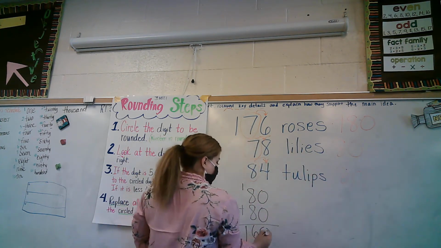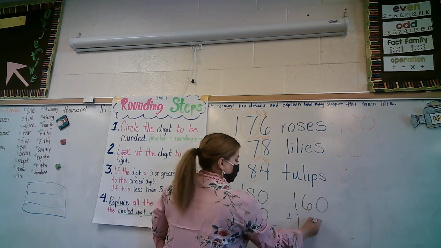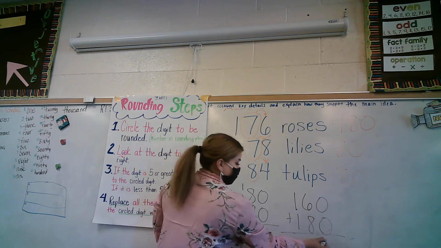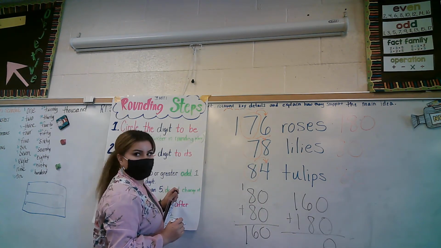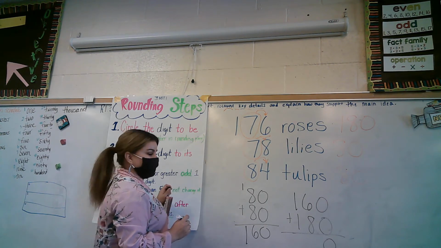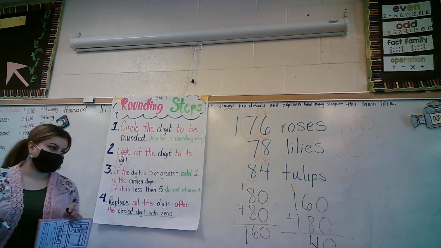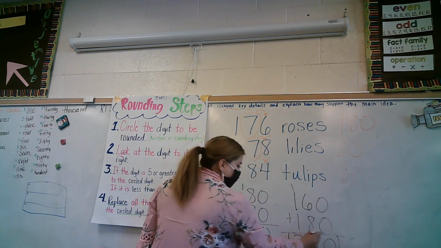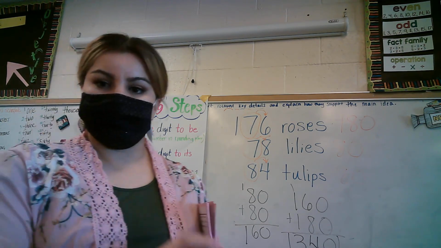Now I got to add 180 to it. A few steps in this one. 0 plus 0 is? 0. 8 plus 6? 14. 1 plus 1 plus 1? 3. So, about how many flowers did he sell? 340. Good.